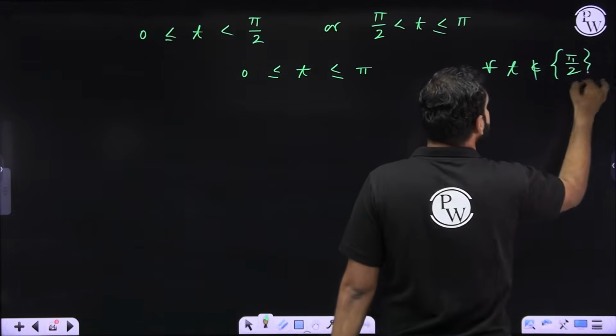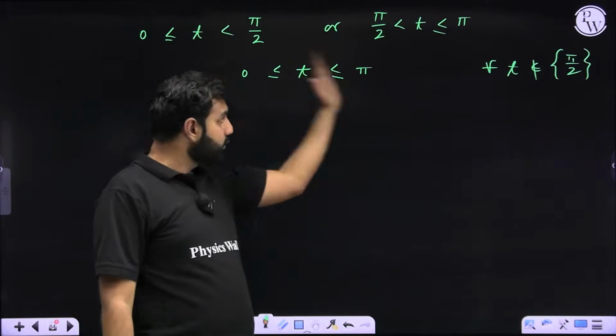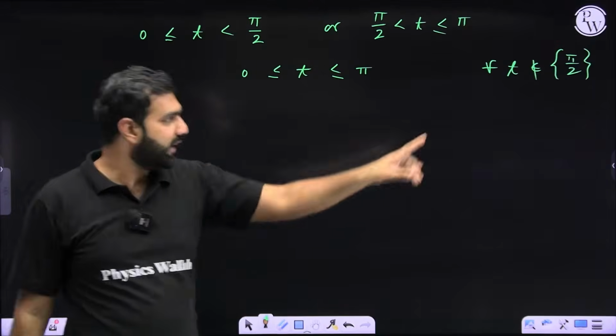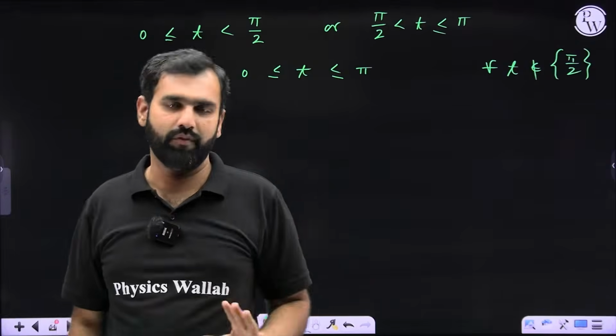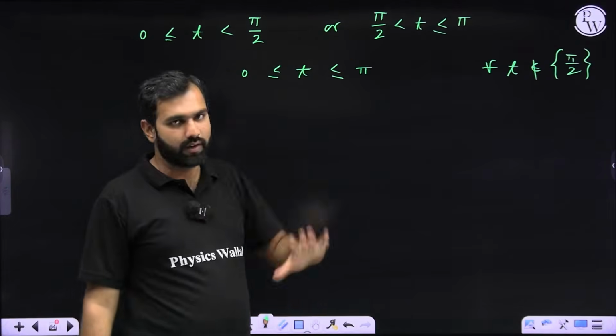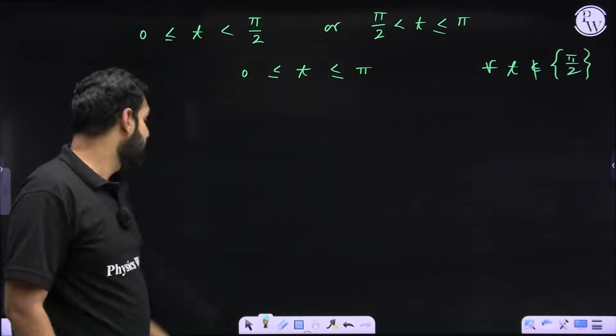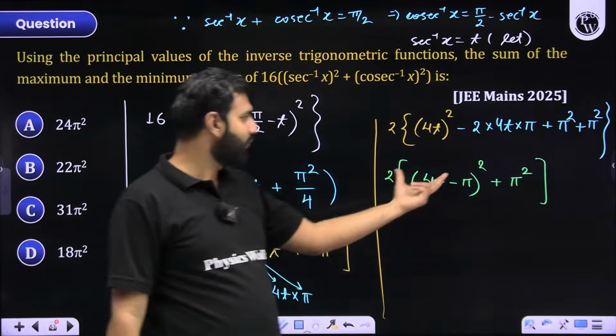So I'll remember this as a result. But what I know is that t is going to take the values from 0 to pi, all the values excluding one value, which I have skipped, which I'll take care of later on. So what I know is that t takes all the values from 0 to pi because it will help me in finding the maxima and minima of the expression which I'm trying to figure out.